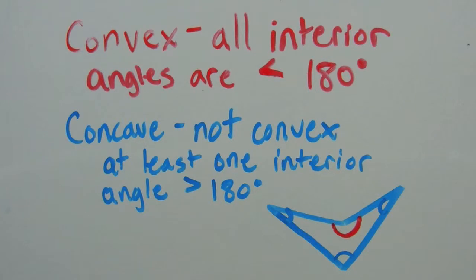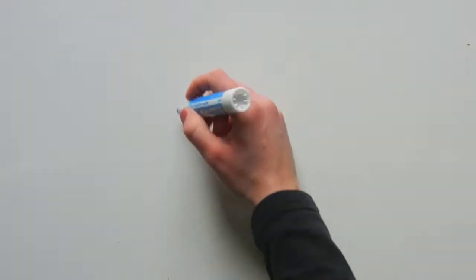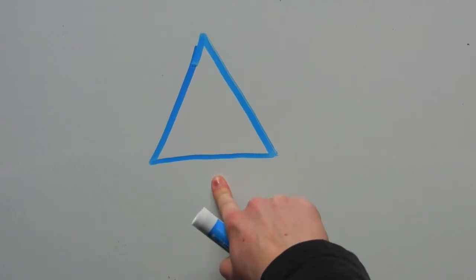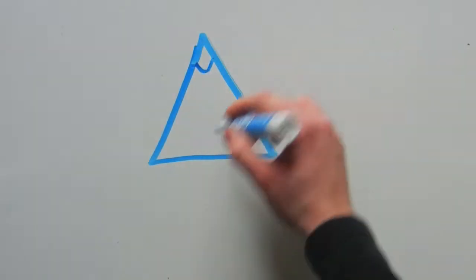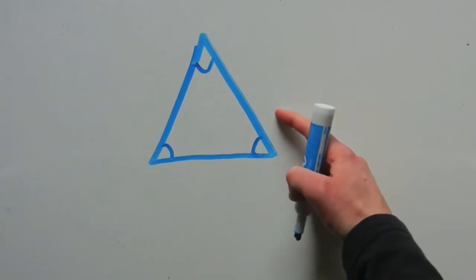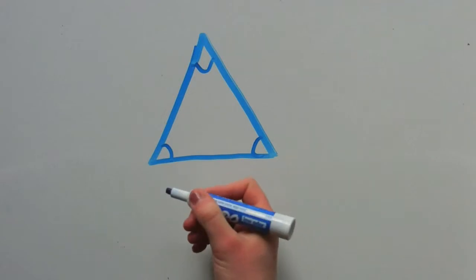Let's go over another tip to help us know whether a polygon is convex or concave. Here I've drawn a triangle. This triangle is convex. Each angle is less than 180 degrees, and we can know that visually just by looking at the shape. However, if you need a little bit of extra help, just extend out the lines of the polygon.